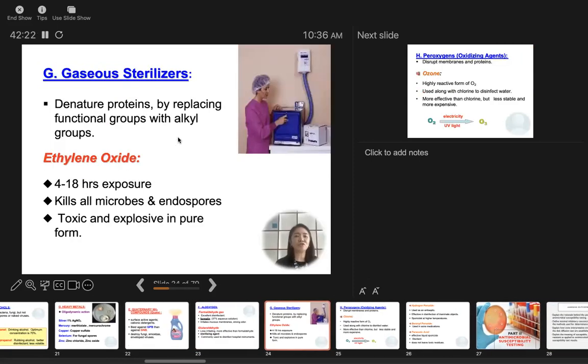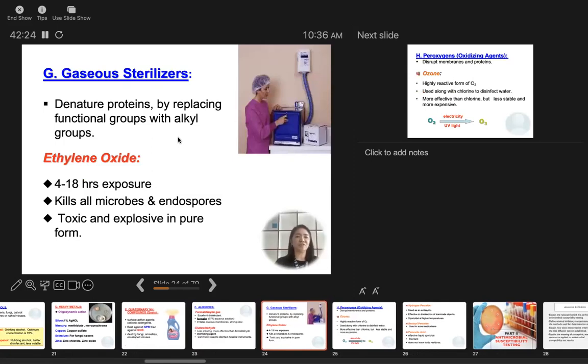And then we have your gaseous sterilizers, for bed sheets, linens, and big materials that are difficult to disinfect. Gaseous sterilizers like ethylene oxide can be used. However, it needs prolonged exposure, 4 to 18 hours, so you are sure your microbes will be killed.